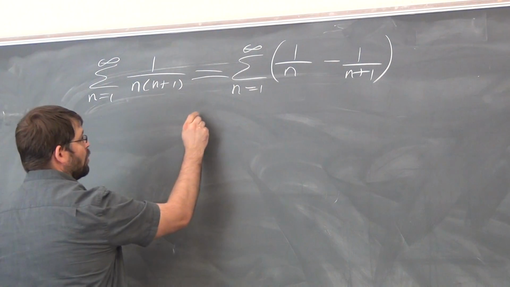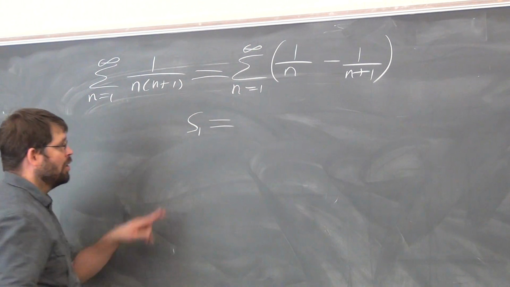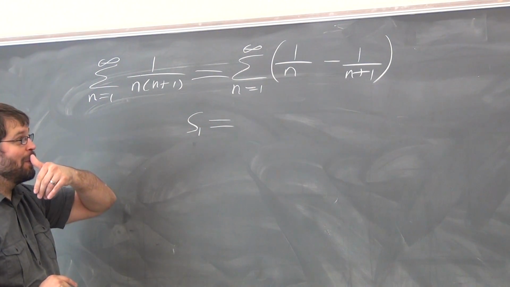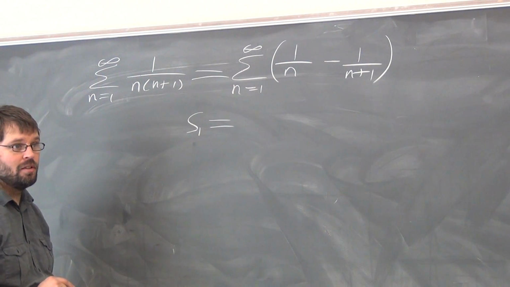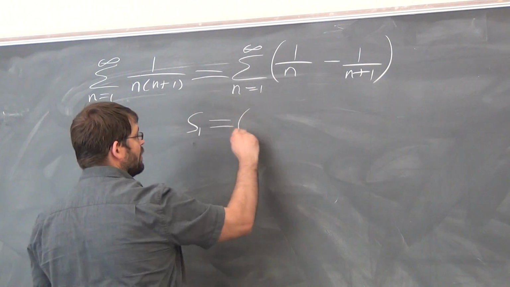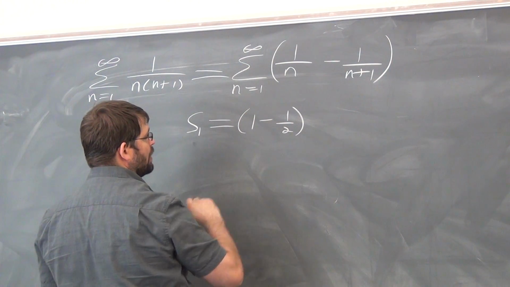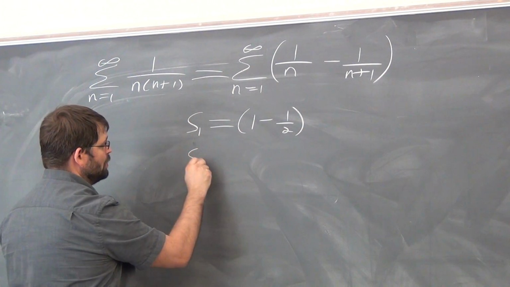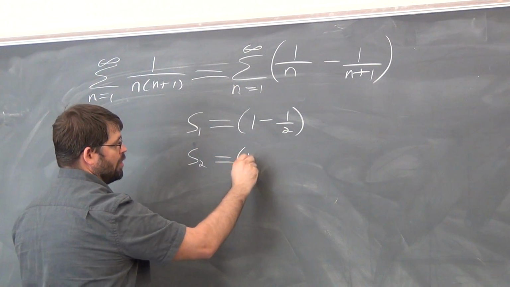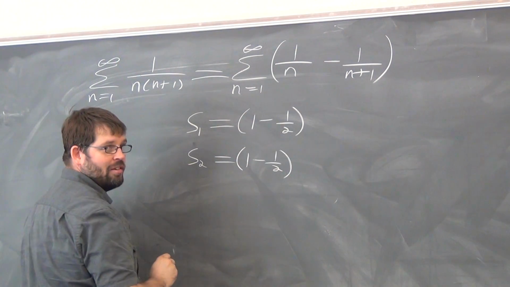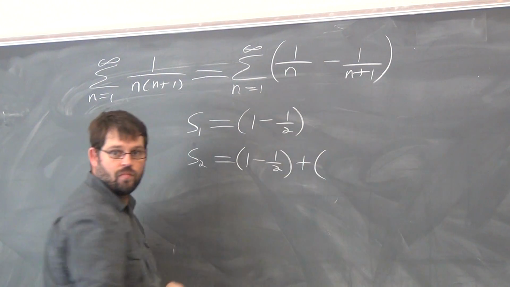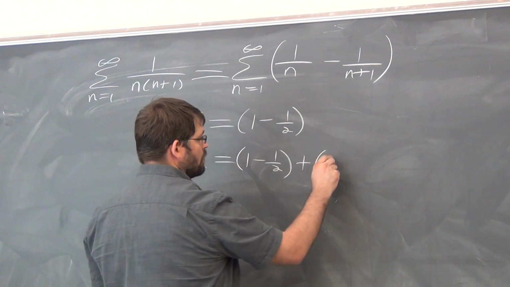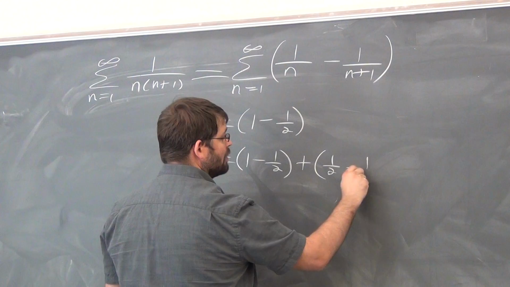And so now let's just start writing down our partial sums. So S sub 1 is what we get when we plug in 1. So what's that? 1 minus 1/2. I'll just leave it like this for now. What's S sub 2? 1 minus 1/2 plus 1/2 minus 1/3.